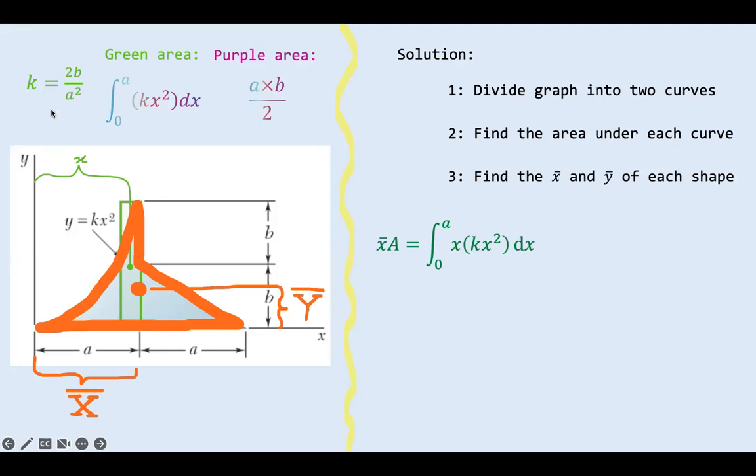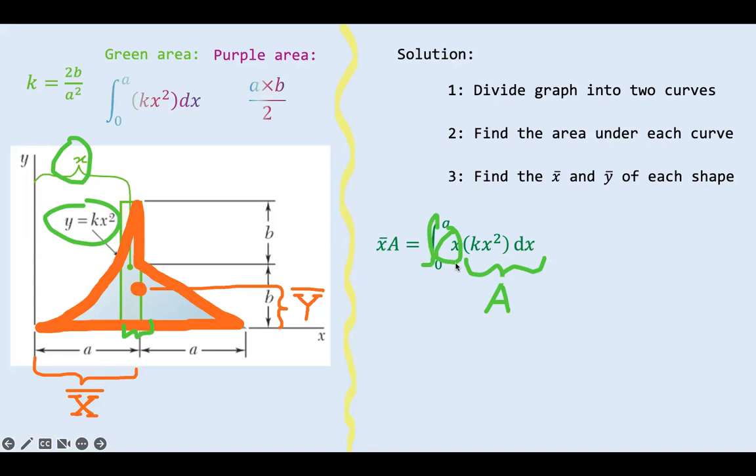Because as we saw just now, we found that the distance to the centroid is x. And then we want to multiply by the area. The area, as we found earlier, is simply equal to y times the differential element. But we want an integration sign because we want to sum up all those individual elements.